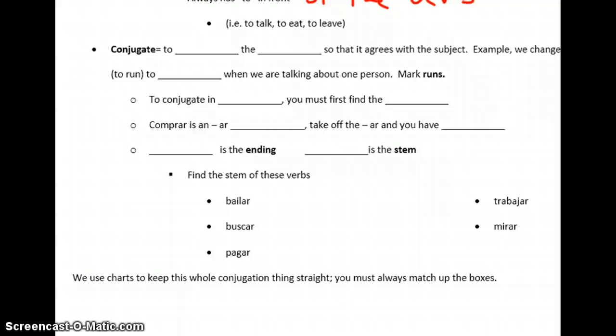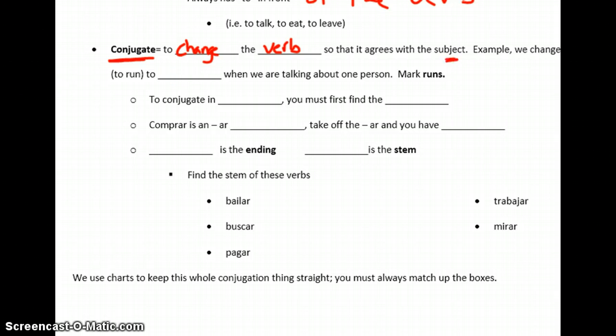Next keyword, conjugate. I will write the definition down and then we'll look at it. So it means to change the verb so that it agrees with the subject.